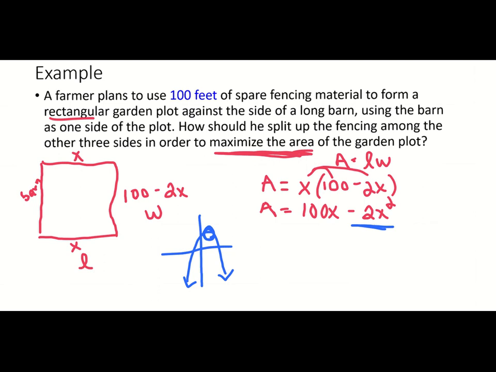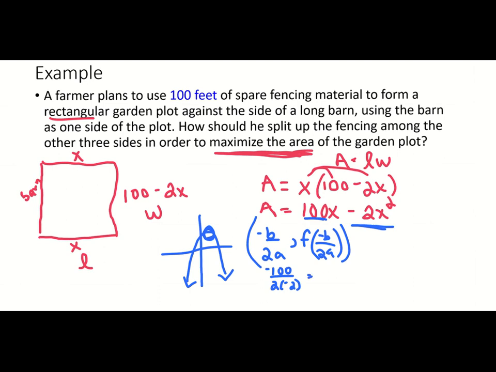So again, we can do the opposite of b over 2a, times f of the opposite of b over 2a. If I do the opposite of b over 2a, here's my b, it is positive 100 there, so negative 100, over 2 times negative 2.